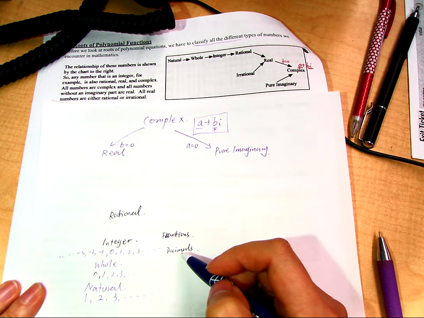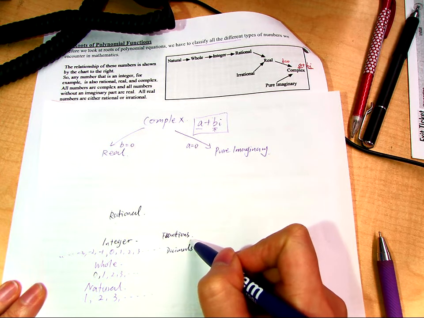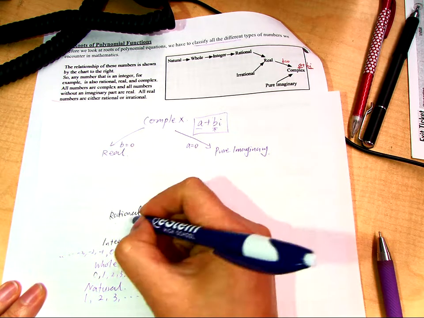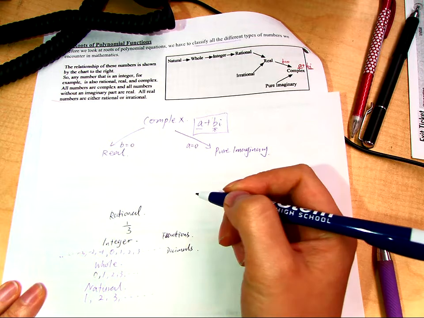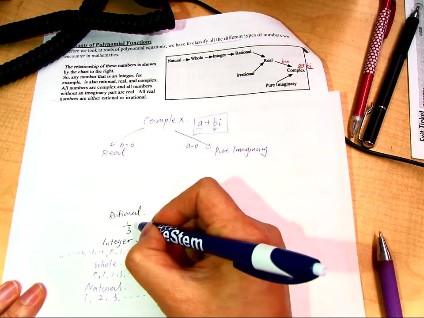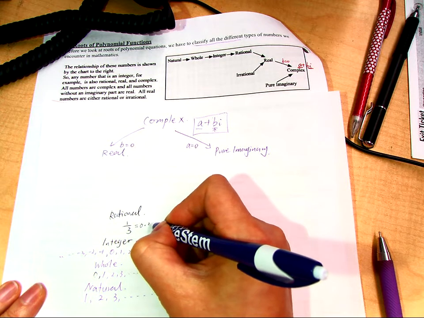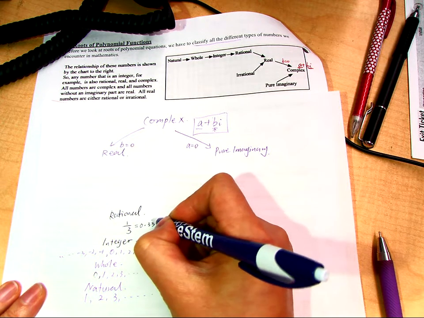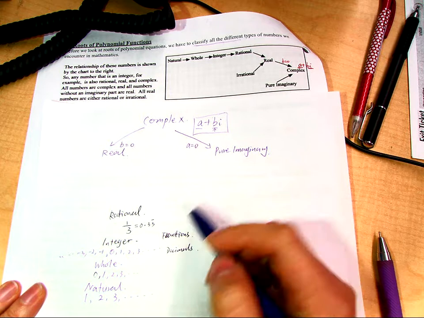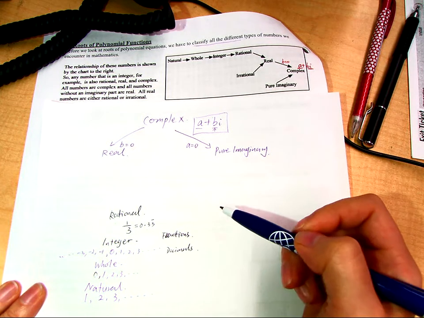Any number that we can rewrite as a fraction, we call a rational number. For example, 1/3. That's a fraction, so it's a rational number. But if you rewrite this number as a decimal, that would be 0.333, keep going, repeating. So all the repeating decimals are rational numbers.